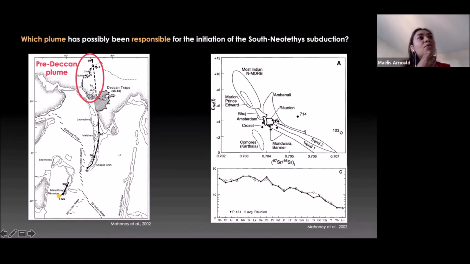If you look at the geological record, there is some geochemical evidence in Pakistan that suggests that the Reunion plume was active before the Deccan traps, about 40 million years earlier than the eruption of the Deccan traps.